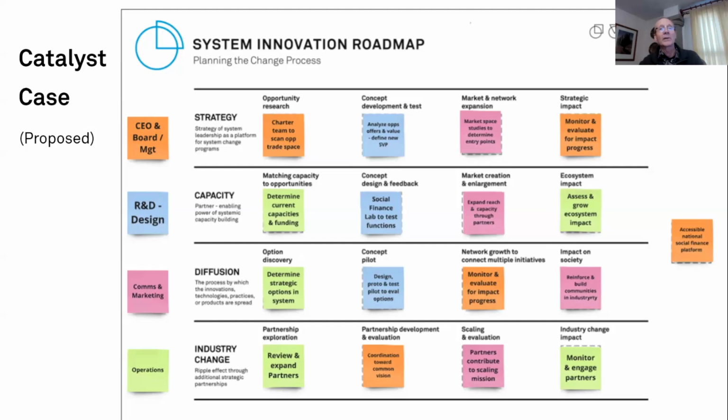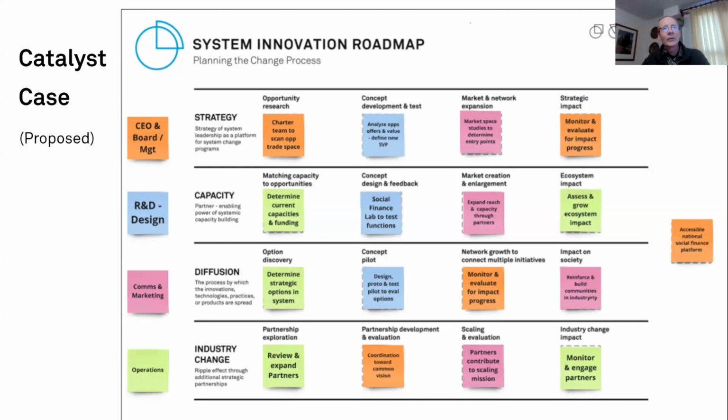Here it's more marketing, the diffusion of these concepts, the innovation, into the industry. And then operations at the bottom you could think of as the industry change, because in operations you're working with other suppliers and partners, on the logistics of how different components work.